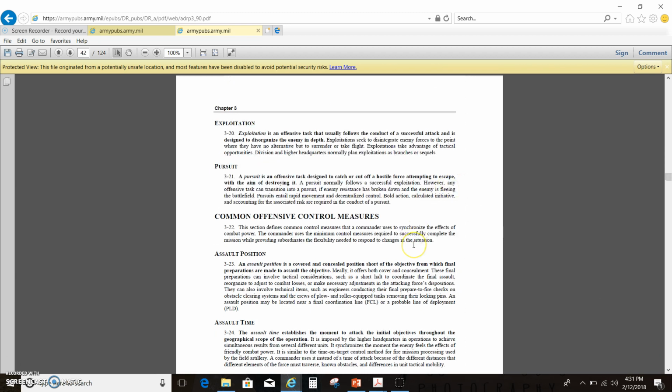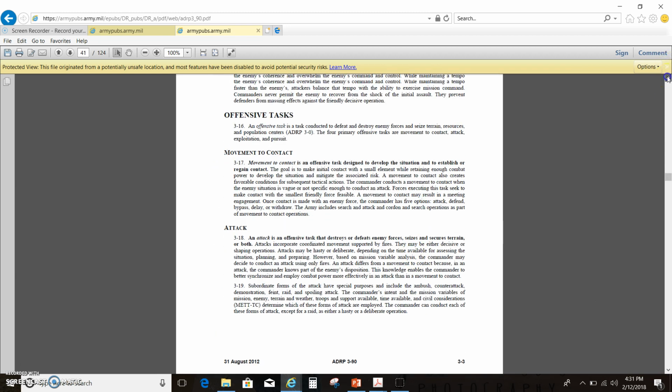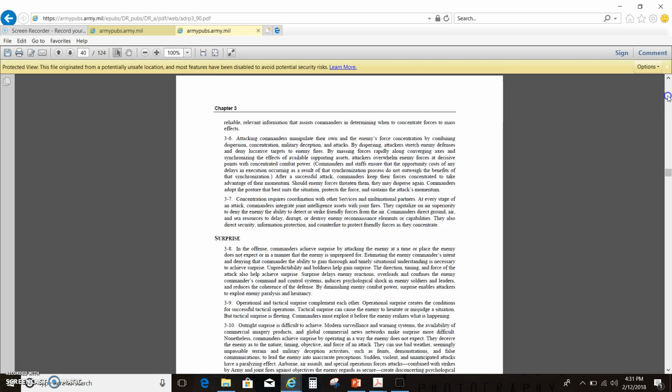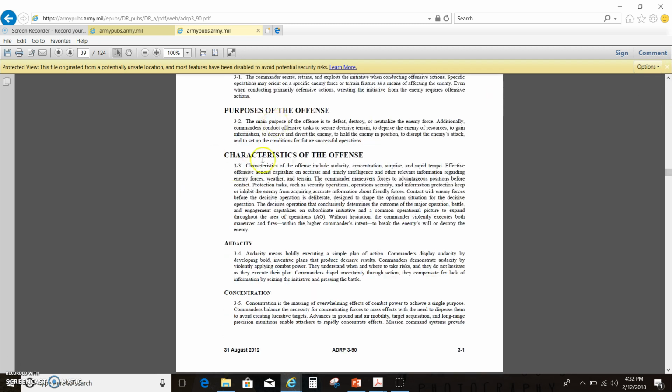Again, it talked about the characteristics of the offense. You see them there.